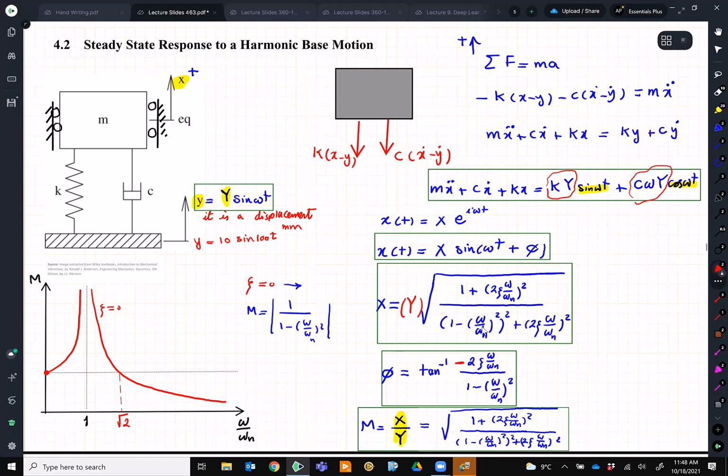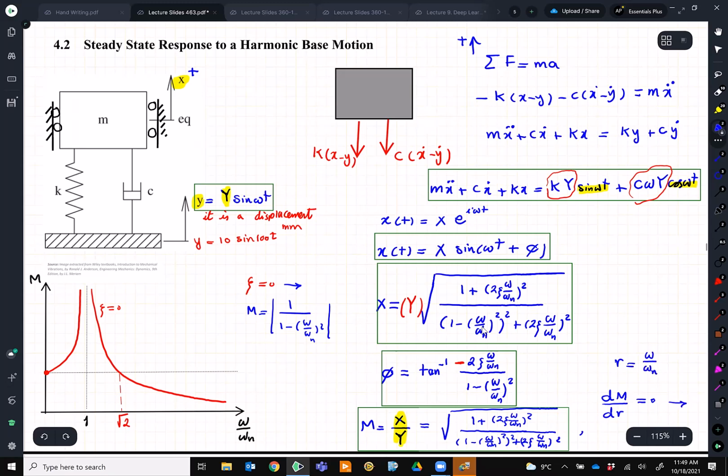All right. Now we can do the same thing: take the derivative of M and see where the maximum happens. The maximum for this one happens slightly after 1. But I let you take the derivatives and have some fun with it and find that value for me. Take the derivative of M with respect to r, set it equal to 0. What is r? r is the ratio of omega over omega n.